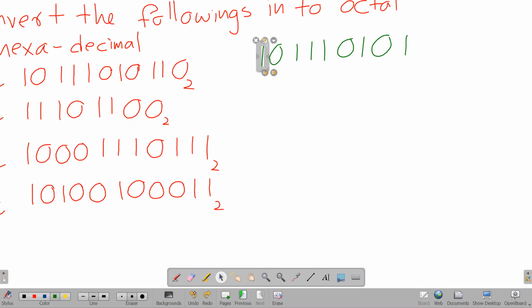Let me see whether I can do that. One zero one one one zero 1 0 1 1 0. Yes.